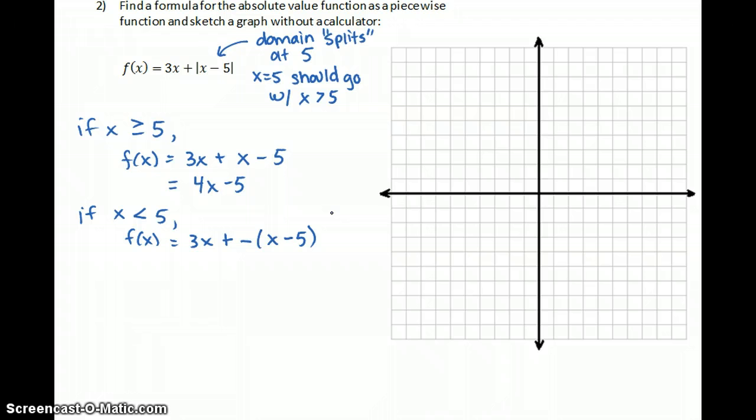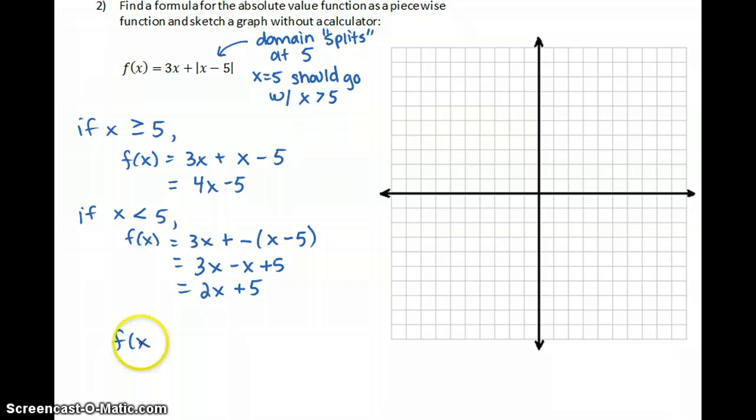Negative the quantity x minus 5 is the same thing as putting the absolute value bars in front of it, because if x is less than 5, we're sure it's a negative quantity inside of there. So we distribute: 3x minus x plus 5 and simplify, and we end up with the function 2x plus 5 whenever x is less than 5.